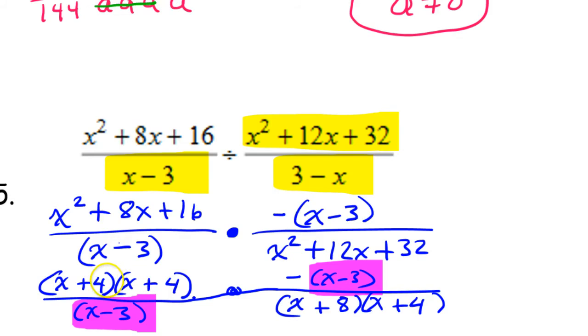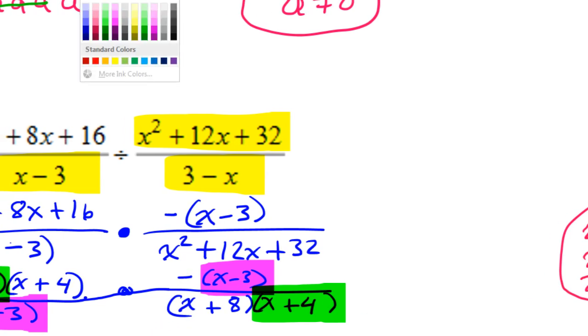You can only cancel out one factor at a time. So this x plus 4 is going to cancel out one of these x plus 4s. It doesn't really matter which one I pick. Notice I can't take this one x plus 4 and use it to cancel out both of these. One factor cancels out one factor. So that leaves x plus 4 in the numerator, x plus 8 in the denominator, and don't forget about that negative sign. It's still there in the numerator.